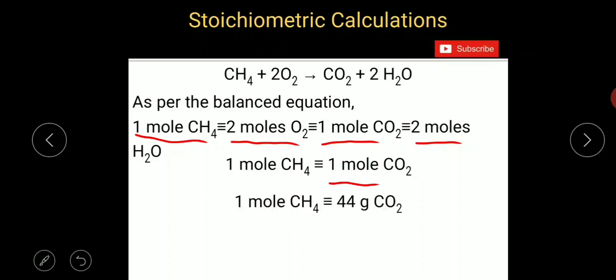So 44 grams of CO2 can be obtained from 1 mole of CH4. But they are asking how many moles of CH4 is required to get 22 grams of CO2. So when 44 grams of CO2 is obtained from 1 mole, then 22 grams of CO2 can be obtained from 0.5 moles.